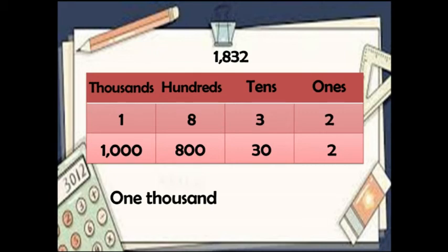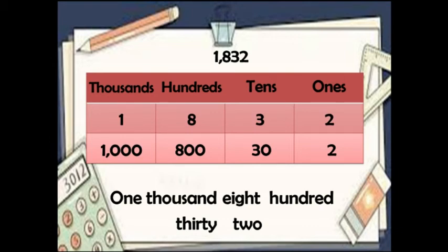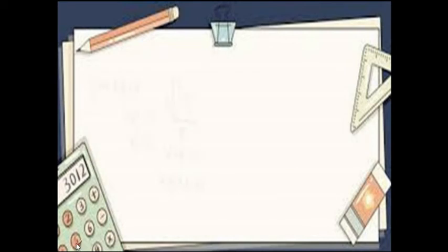So let's write 8 and then write the place value, which is hundred. Another one, we have there 30. So we write thirty. And the last one, we have there 2. So we are going to write two. So this is how we write 1832 in words.